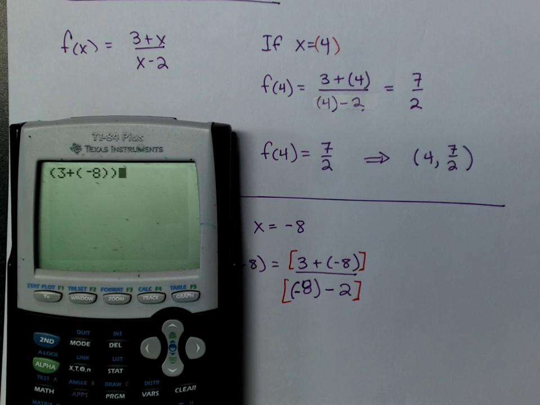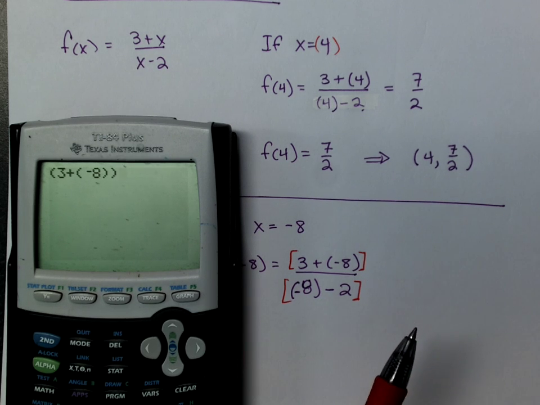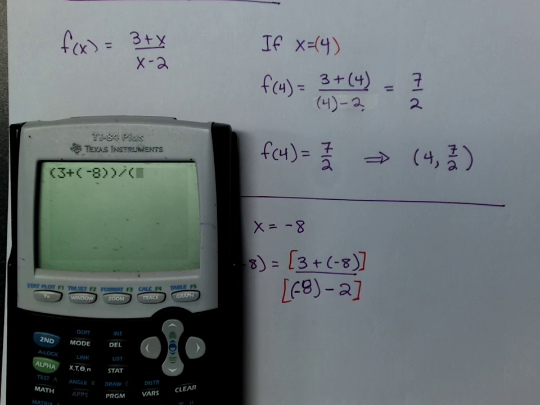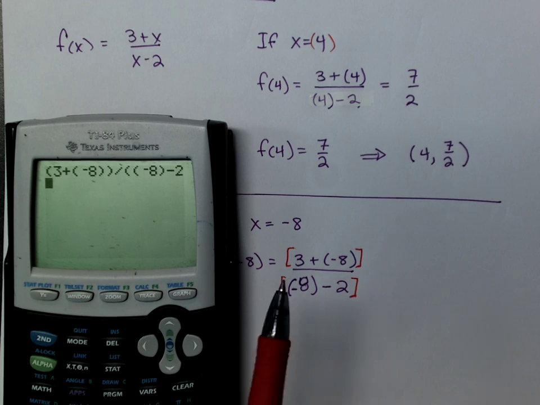Make sense? Now we do our division bar, our quotient bar there, our rational bar. And now open up your denominator parentheses. And now we plug in our -8, so parenthesis -8, close that parenthesis, minus 2, and now close your denominator parenthesis.